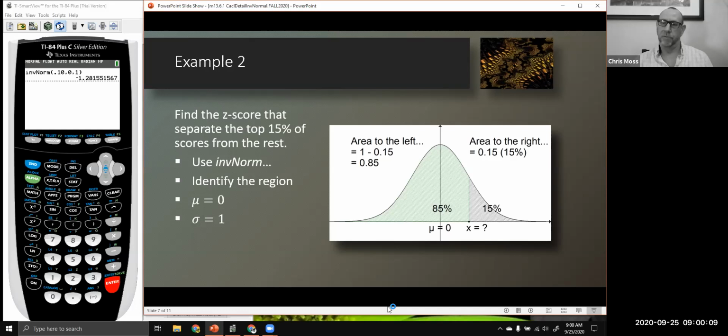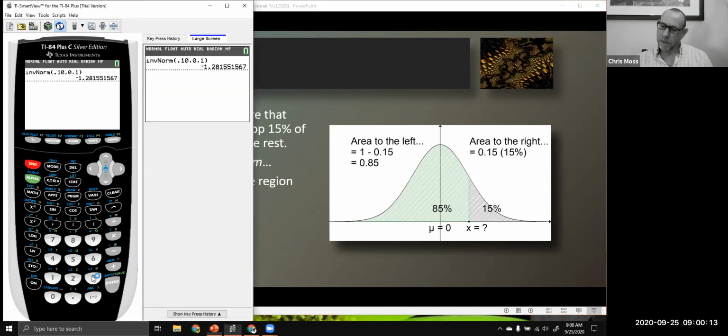So we've got our values there. I'll come over to my calculator, pick up the inverse norm. I could plug in 0.85 or 1 minus 0.15. So I can do it exactly like that. 0 and a 1.